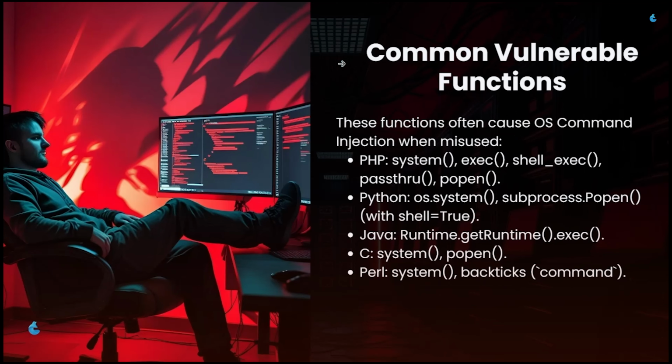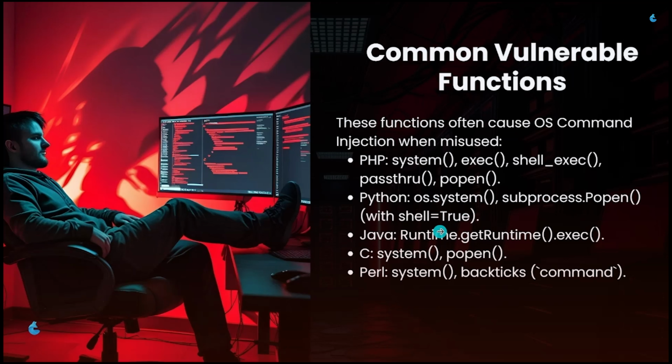Some of the common vulnerable functions which lead to command injection: the real danger lies in developers using unsafe functions that directly execute system commands. In PHP, functions like system, exec or shell_exec are commonly abused. In Python, the misuse of os.system and subprocess.Popen, where shell=True is really risky.